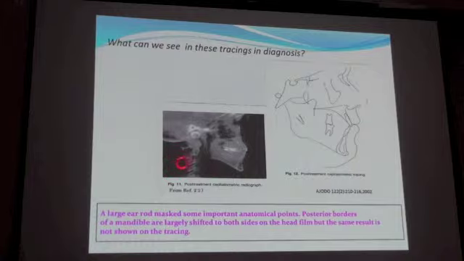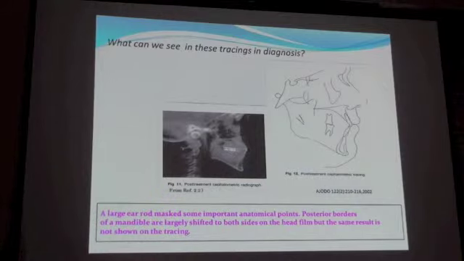If we find this big shift of the posterior border of the mandible, there might be some problem in the TMJ area. And the ear rod is shifted a little.